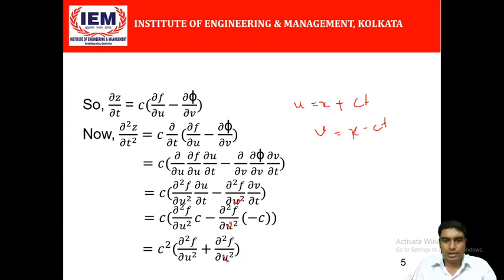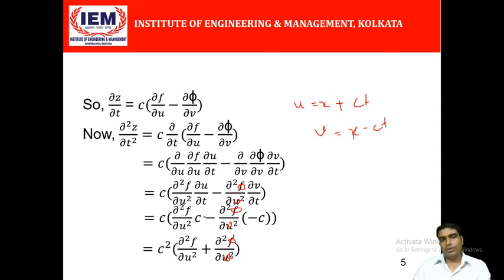So ultimately I'll get c² ∂²f/∂u² plus ∂²φ/∂v². Okay, so I found ∂²z/∂t² in the form of ∂²f/∂u² and ∂²φ/∂v².